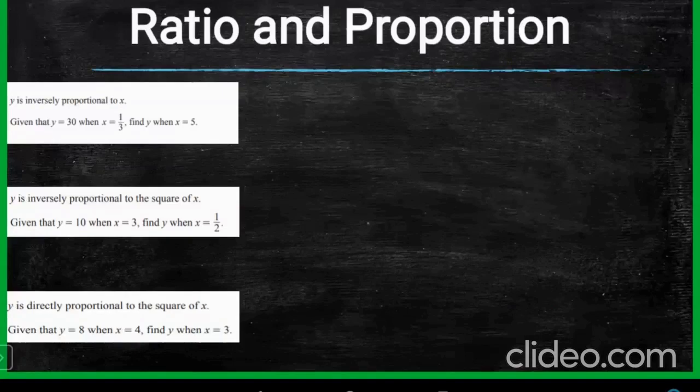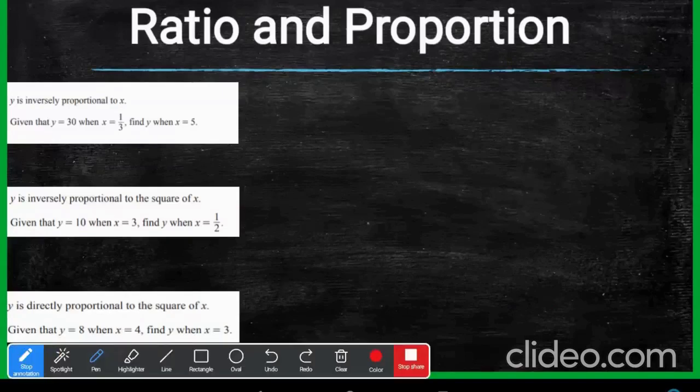Now the question number one is, y is inversely proportional to x. First we need to write the equation. The first line, y is inversely proportional to x, means y proportion sign, and because it is inverse, I have to write it like this, as we did in the previous slides. Next, given that y is equal to 30 when x is equal to 1 upon 3.